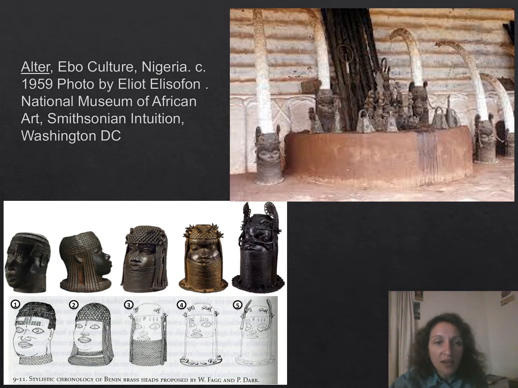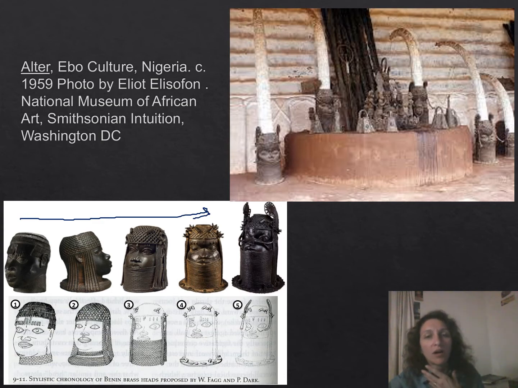And this is a progression. We can see how these objects over time got taller and the necks got longer. It's almost like less and less of the face is being shown and more of the neck.